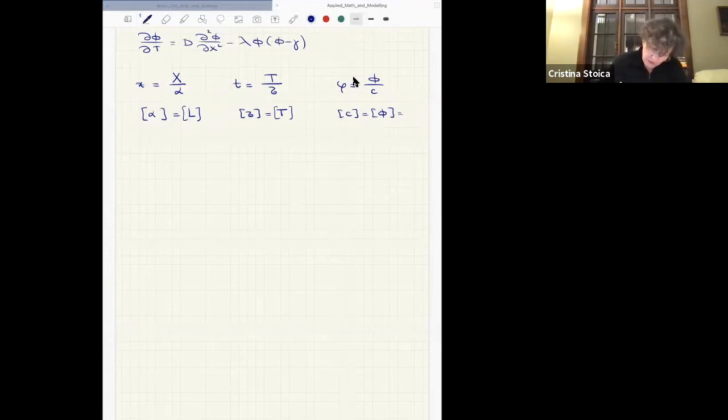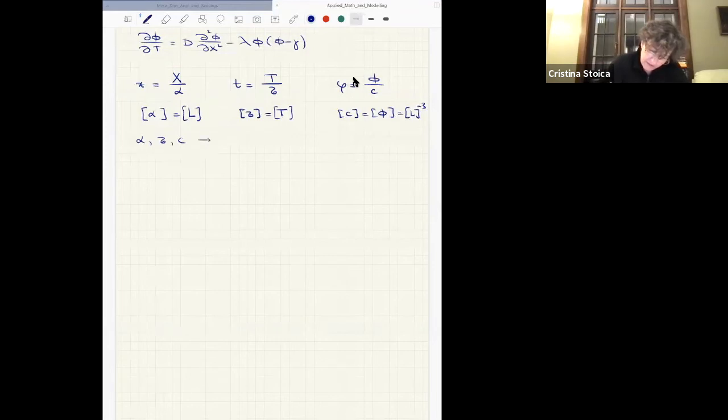All right, so we don't know what alpha, tau, and c are. We will choose them at the end, so we can simplify our model as much as possible. But for now, alpha, tau, and c.